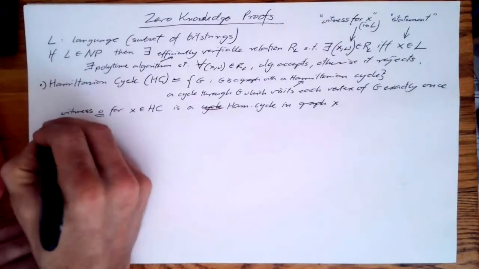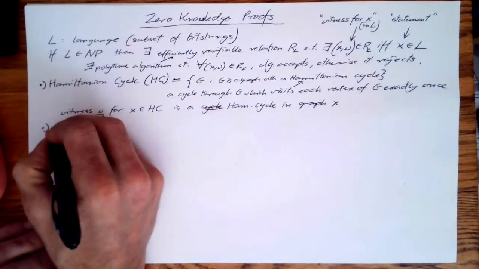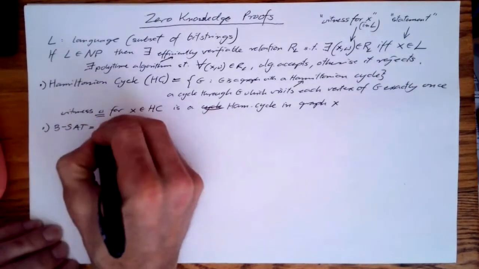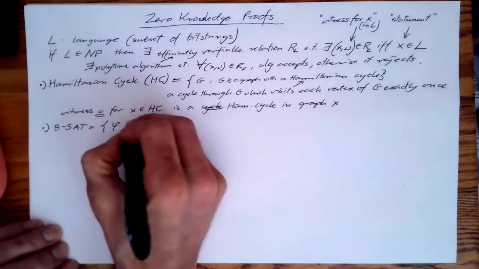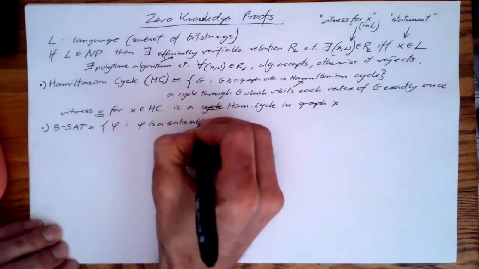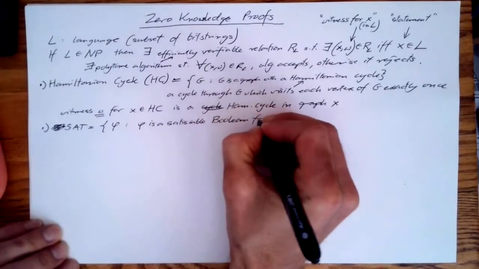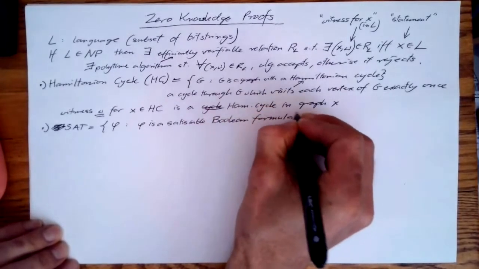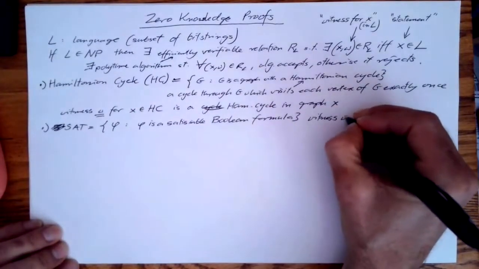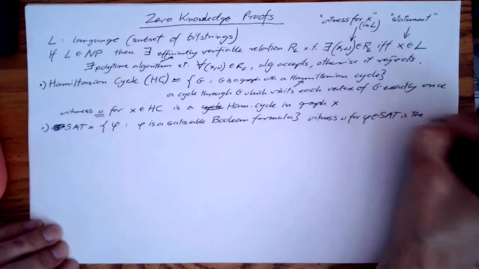A famous one is 3-SAT. So this is the language of formulas phi that are satisfiable, or just satisfiable Boolean formulas. The witness w for phi in SAT is the satisfying assignment.